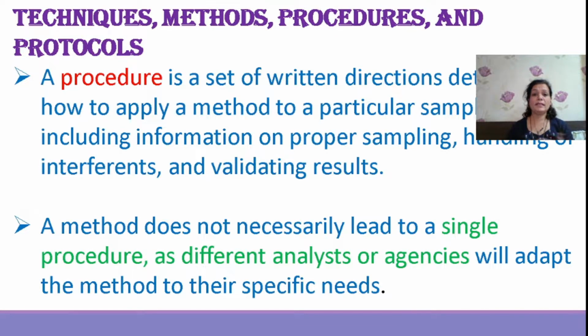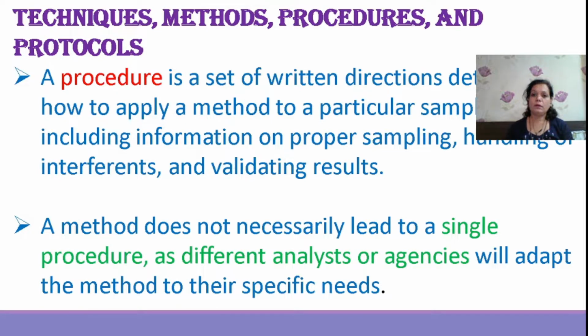To determine that specific element in a sample, I need to write down the procedure which will tell me that stepwise. For determining the alkali metal concentration by using AAS, if I need to determine the concentration of an alkali metal, for example potassium, then I need to first prepare the standard solutions of potassium.